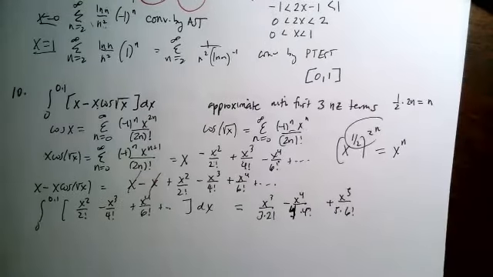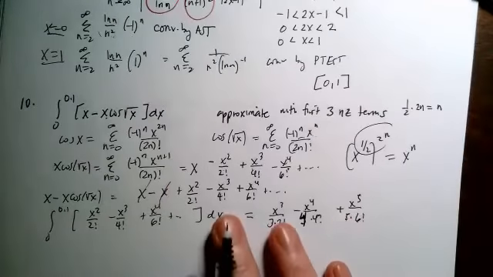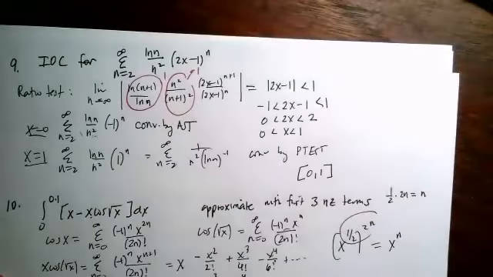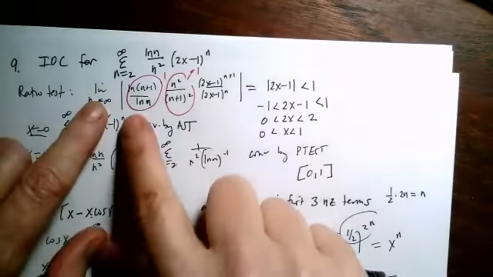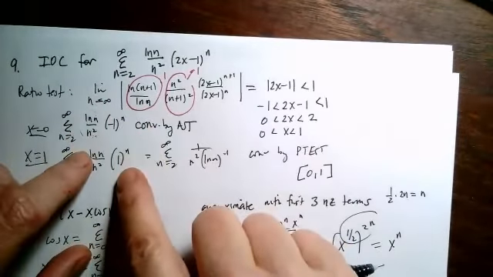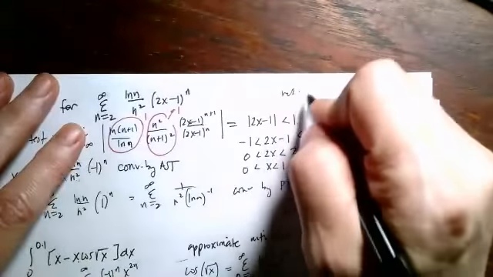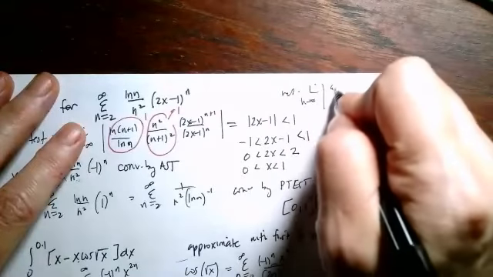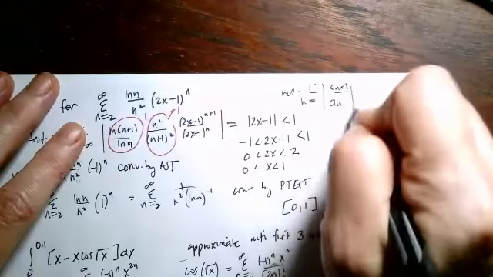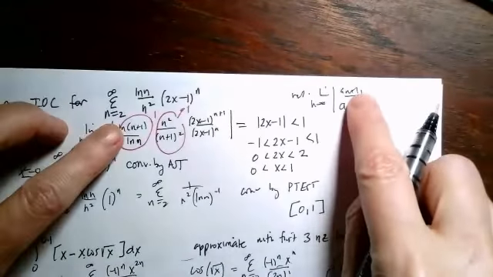All right. So why did you bring the ln down and make the power negative? Why did I bring what ln down? Because the ratio test is the limit of the n plus 1th term over the nth term. Okay?